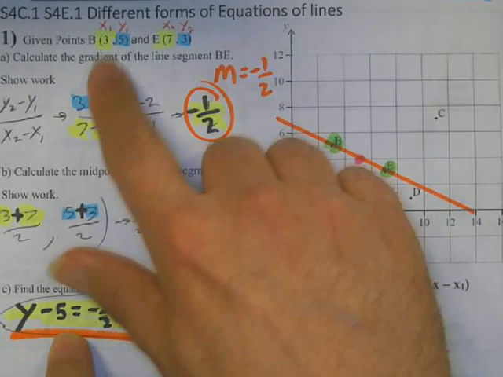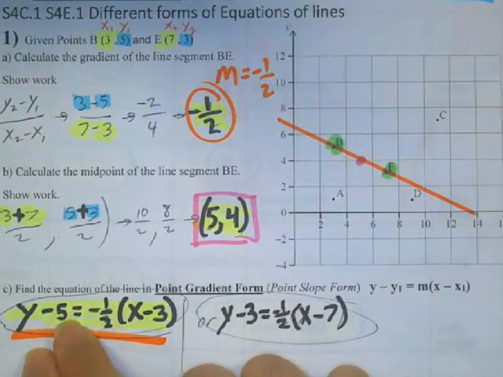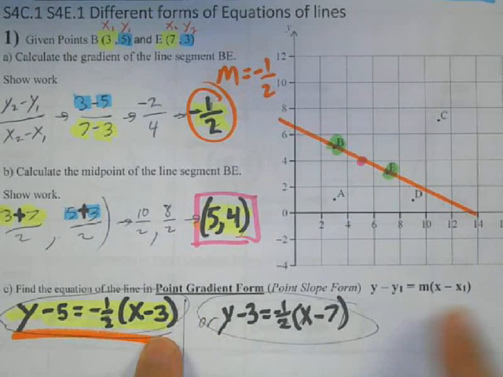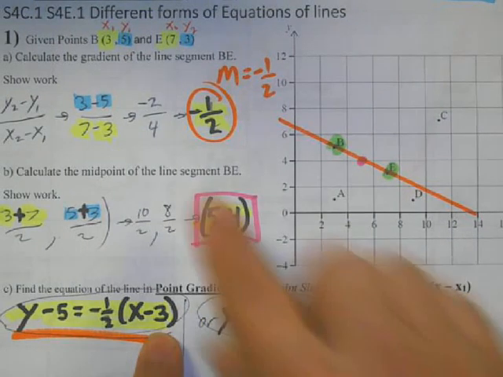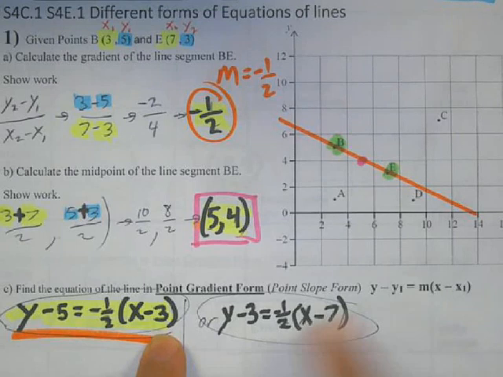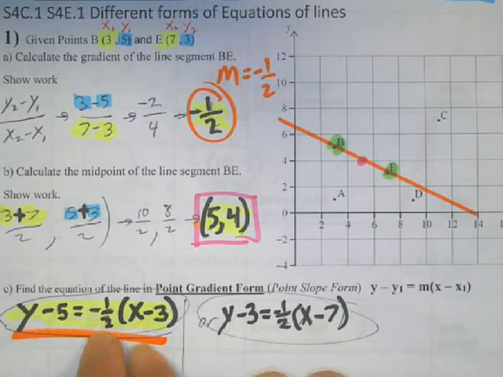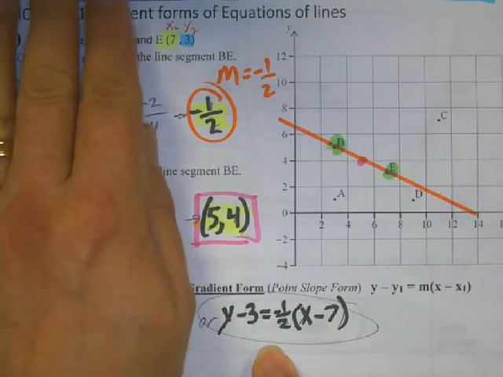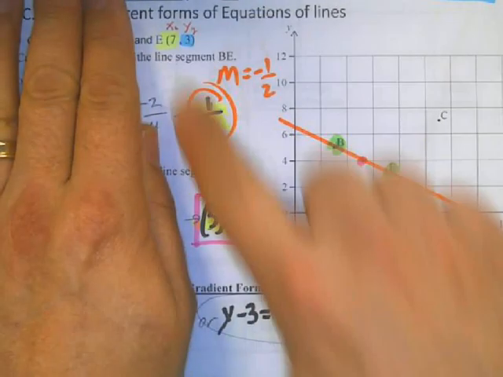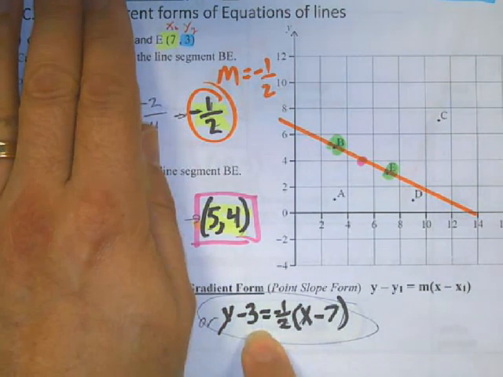If I use this point here, 3, 5, I replace the y subscript 1 with the 5 and the x subscript 1 with this x value 3. Then my slope, the m value, we put in a negative 1/2. If I use this other point, I could plug in the 7 in place of x1 and the 3 in place of y1, and place the negative 1/2 in for the slope.